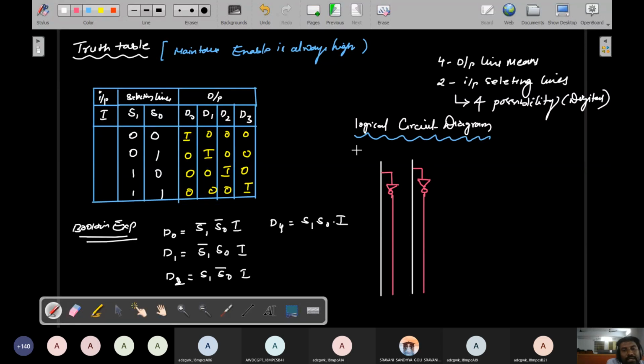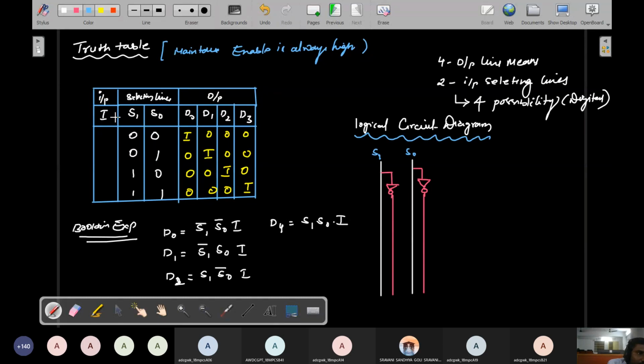This is the S1 terminal and this is the S0 terminal. Now I have drawn the input selectors S0, S1, and their complements. The white line indicates 1 and the pink line indicates the complement.